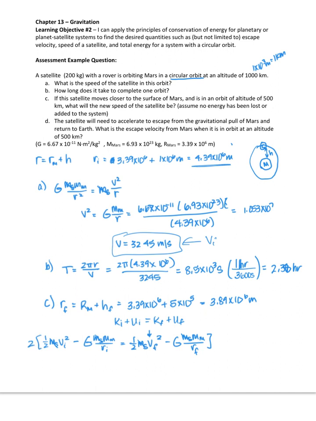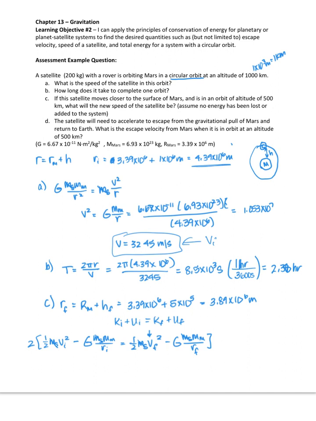I stick by it. So the first thing I'm going to do to simplify this expression is get rid of the mass of the satellite all the way through because it's in every term. And then I multiplied the whole thing by 2 to get rid of the half in front of the velocity terms.